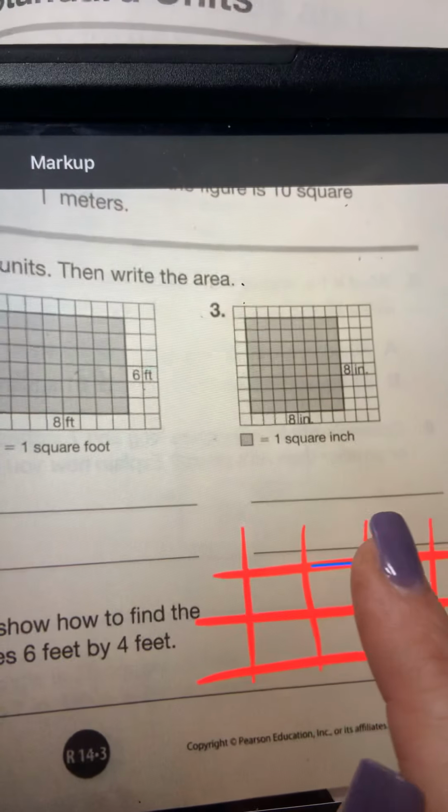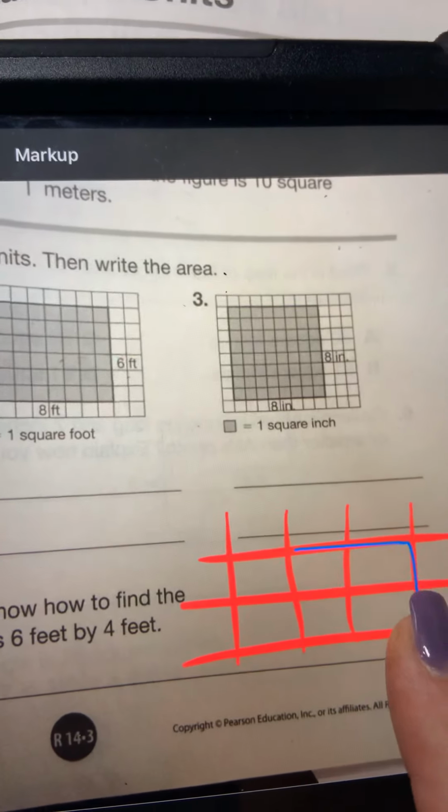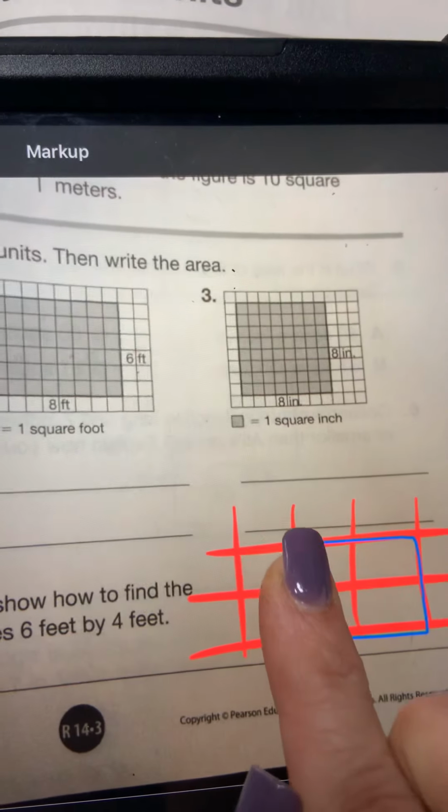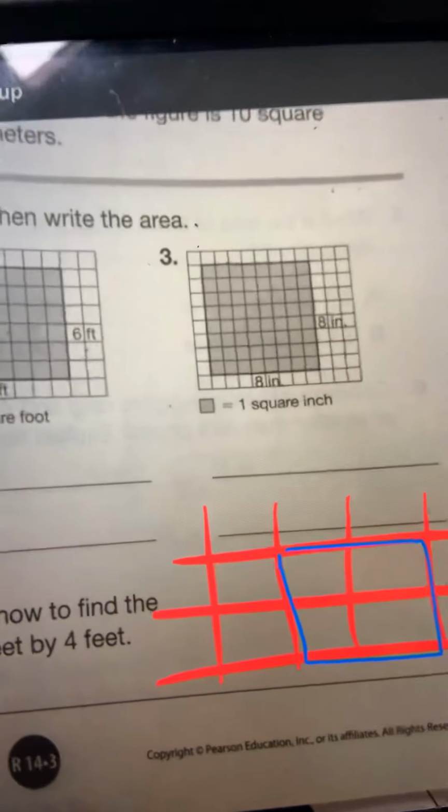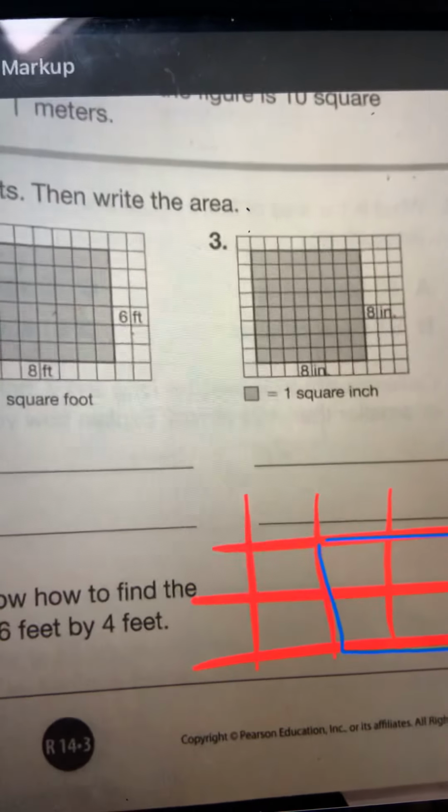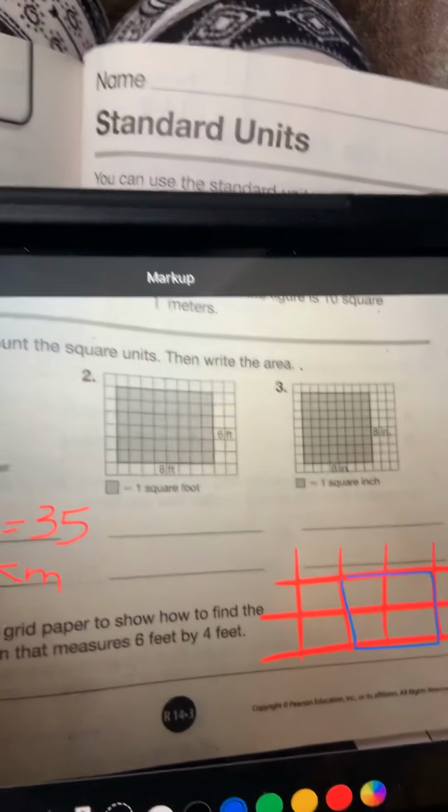You have to draw right on those lines, like that, okay? You can't just flop it in there like, oh yeah, there's my box, Mrs. Mandeville. You've got to use the grid, okay? So that's just a little side note.